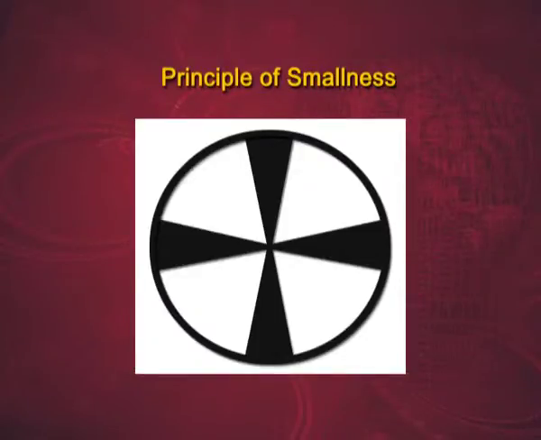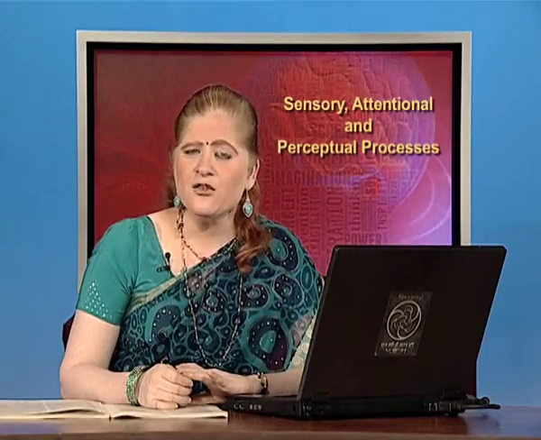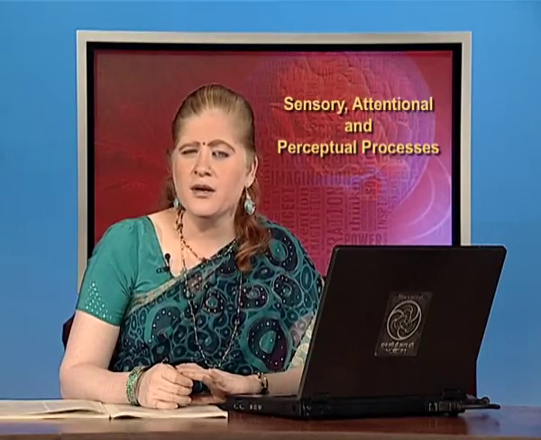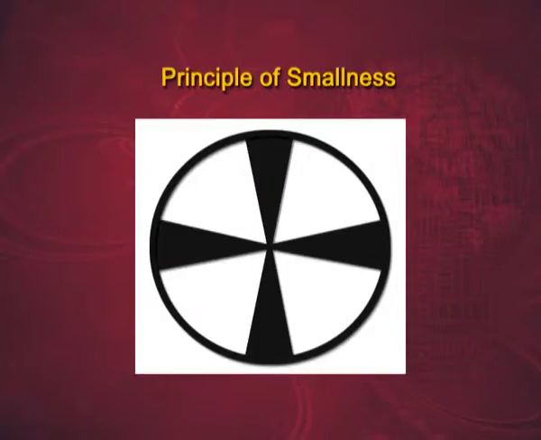That means that the human brain tends to perceive things as one figure if they are smaller, as against larger figures. In this diagram, you will say that there is a black cross inside a white circle, rather than perceiving the white cross at once. Whereas, there are both white and black crosses. The white one being larger is not perceived immediately by the human eye.